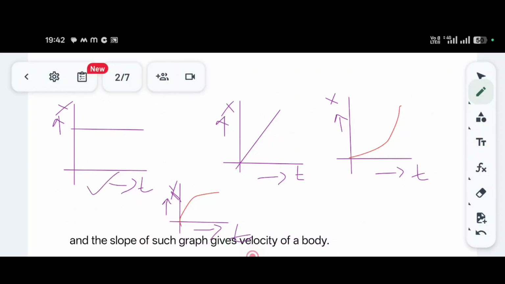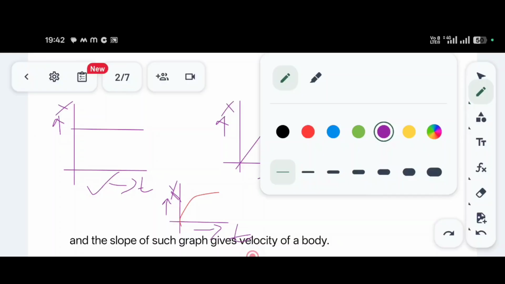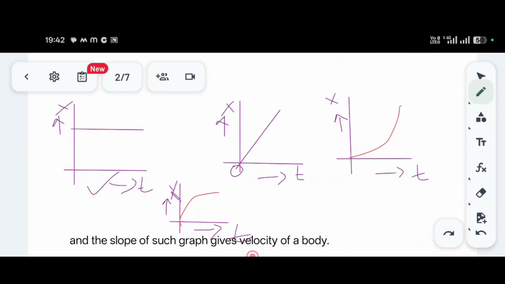In the second graph, you can see the body is moving from rest, from the origin, and the position is increasing constantly.